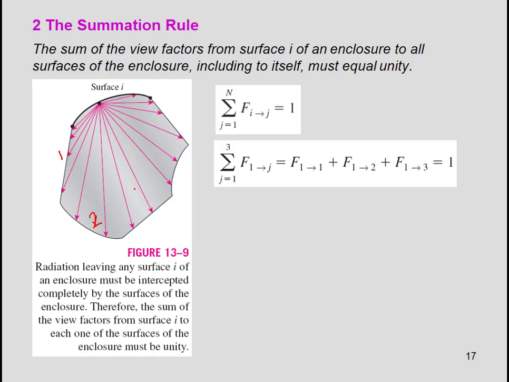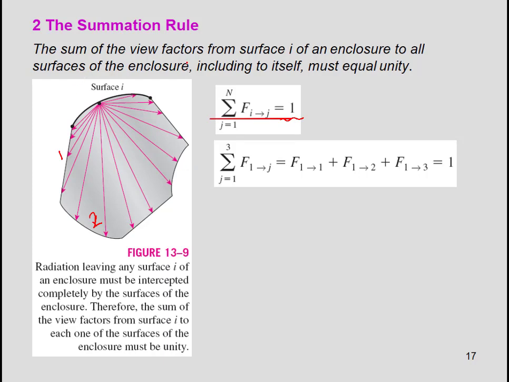And the total view factor will be 1 because all of the radiation is striking these surfaces. So the summation of the view factors from this surface to all of the surfaces will be equal to 1, which is all the radiation.